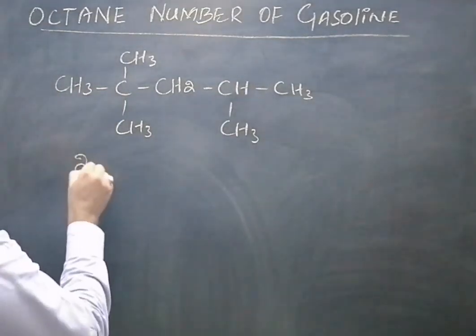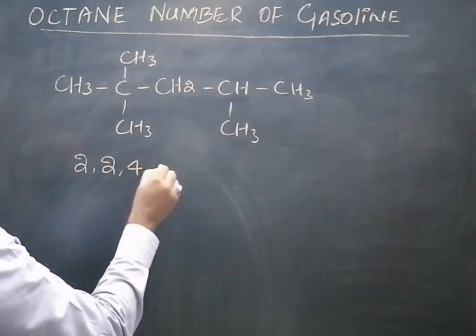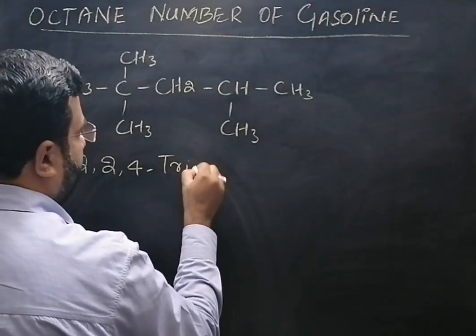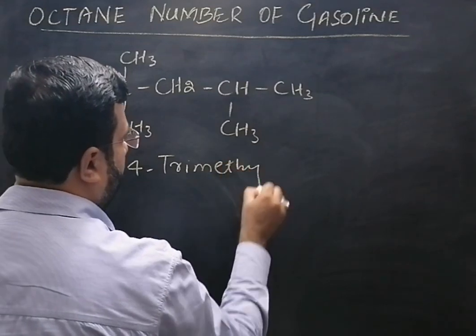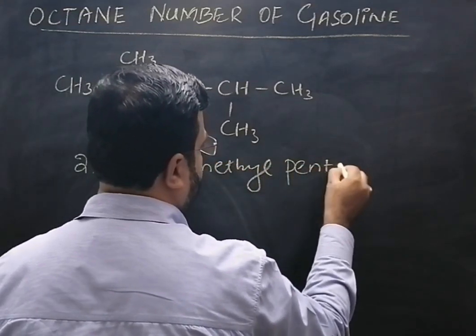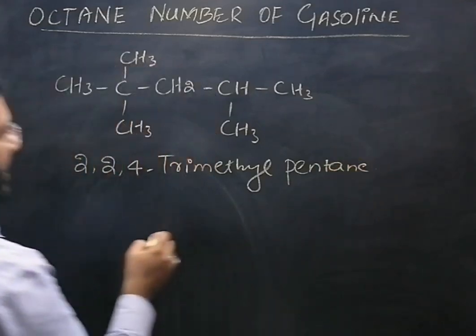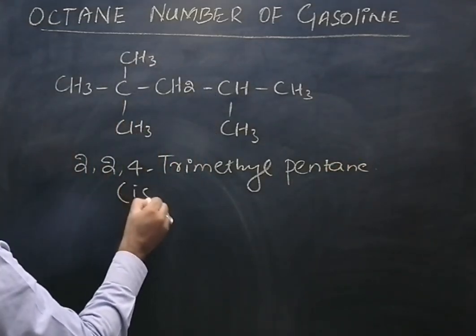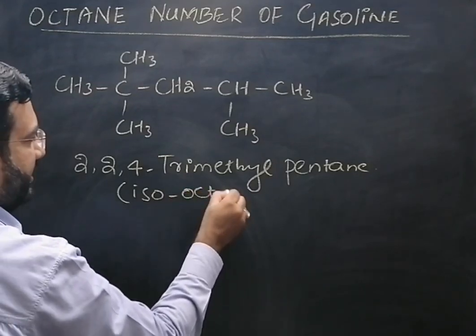Its IUPAC name is 2,2,4 trimethyl pentane, and it is also called isooctane in common nomenclature.